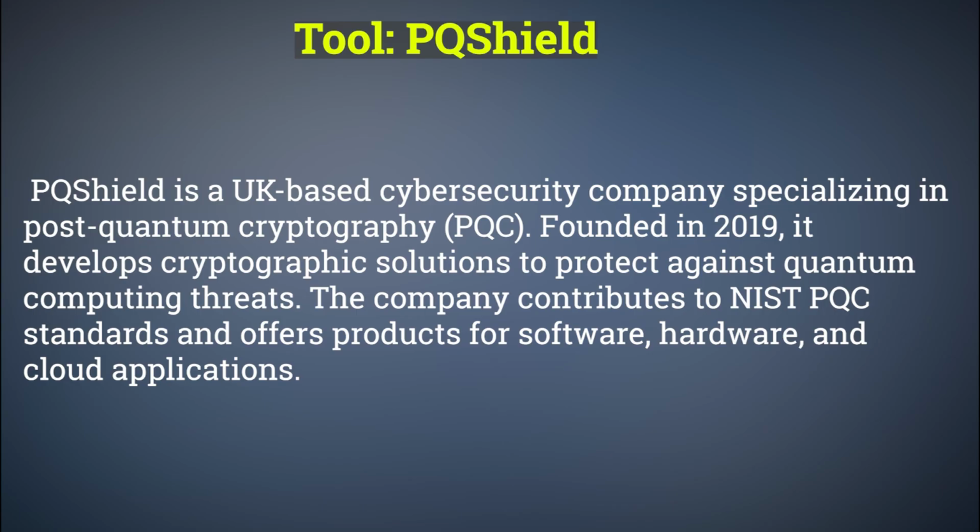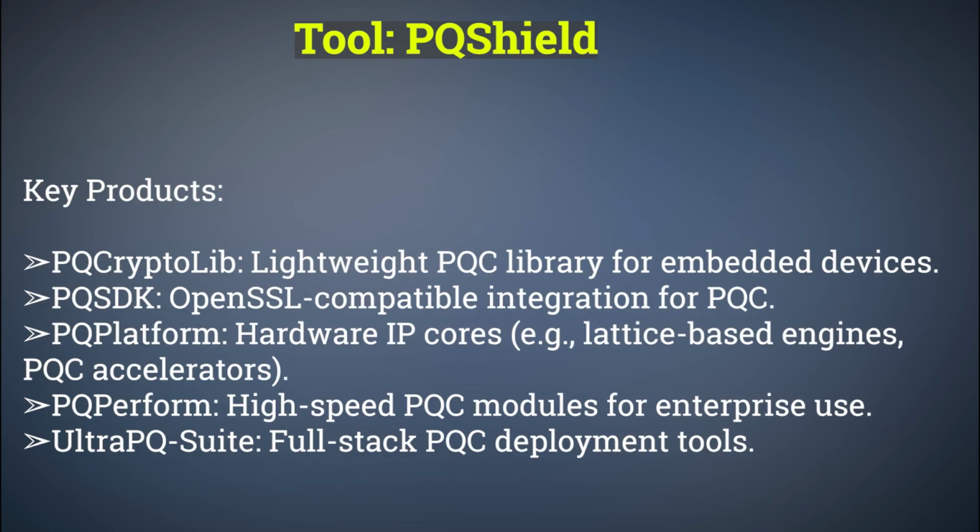The company offers a wide range of products that work in software, hardware, and cloud systems. Some of their key products include PQ Crypto Lib, a lightweight encryption library for small devices like smart sensors. PQ SDK, which easily adds PQC to software that uses OpenSSL.